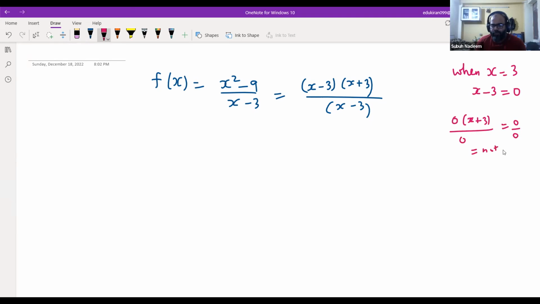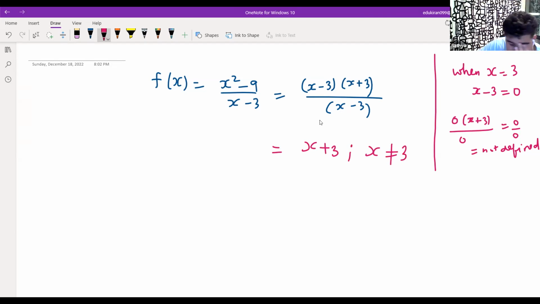So if you have x equal to 3, you can't cancel x minus 3. So you can say that this is equal to x plus 3 only if x is not equal to 3. If x is becoming equal to 3, then you can't cancel x minus 3. Do you get this point? Yes, sir.